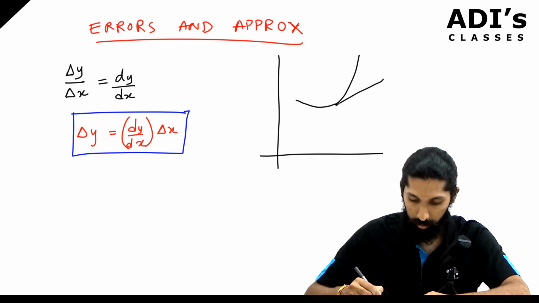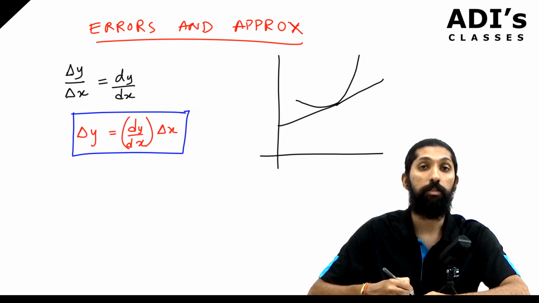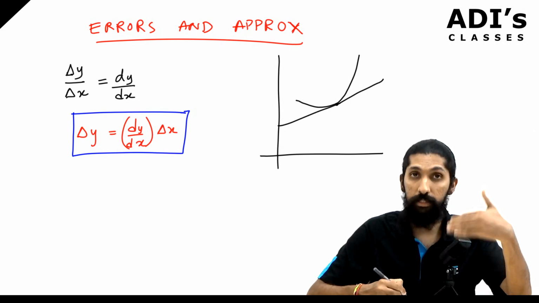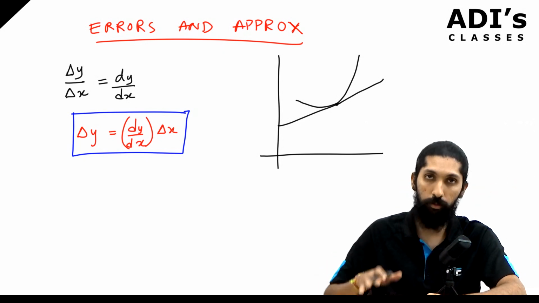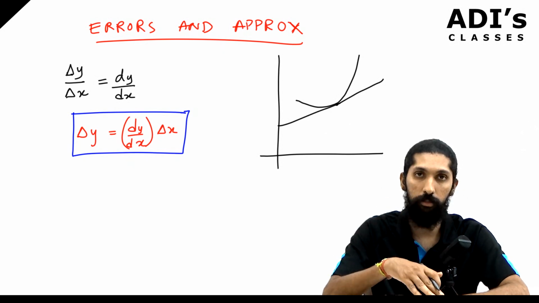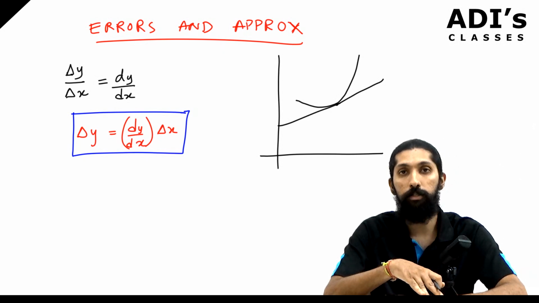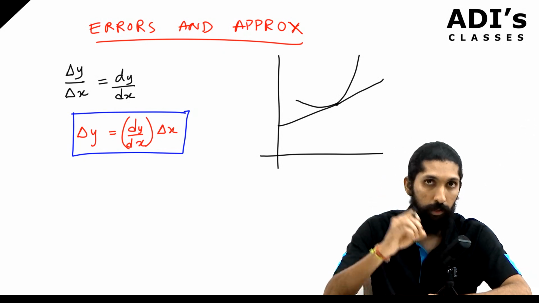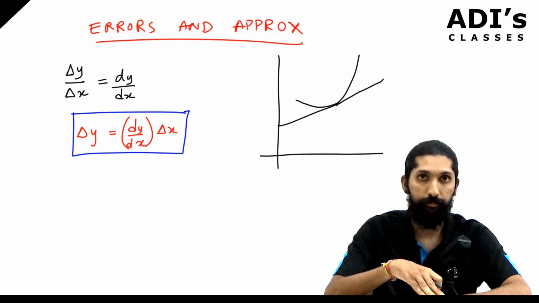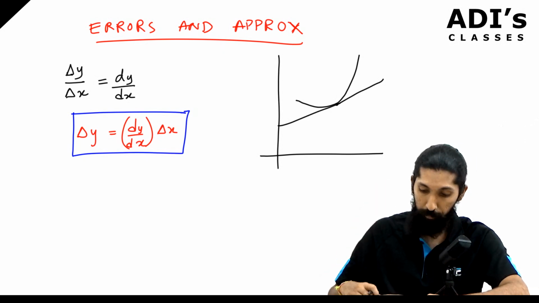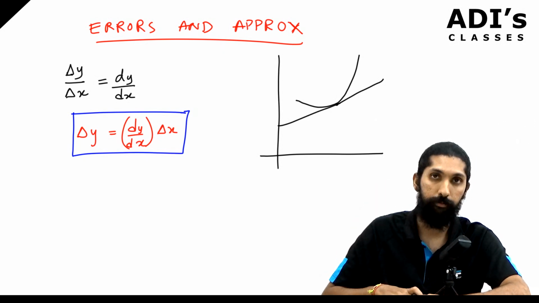If you remember last year's physics, we have done a lot of math in that also, you would have understood that the slope of a line is nothing but the derivative. So at this point, we are trying to calculate the derivative.